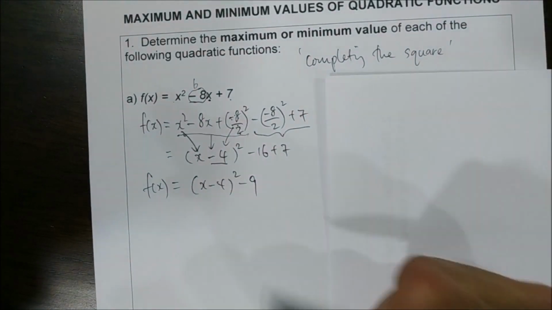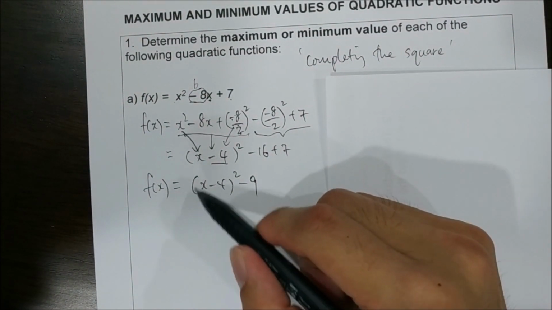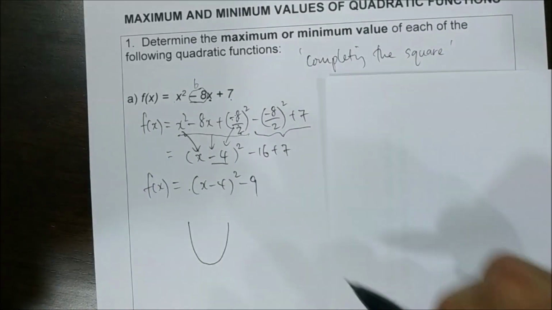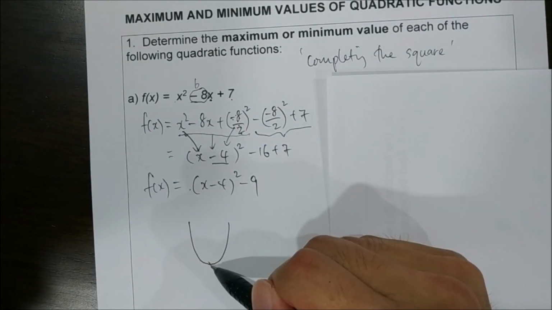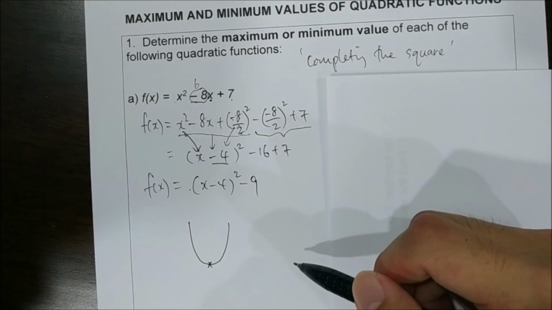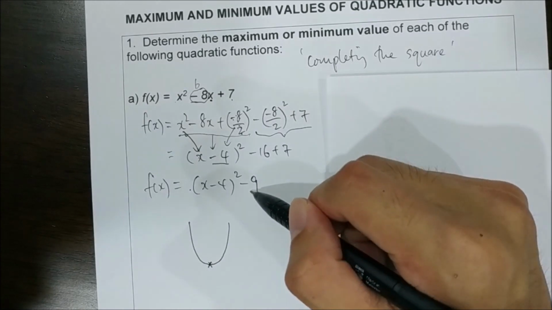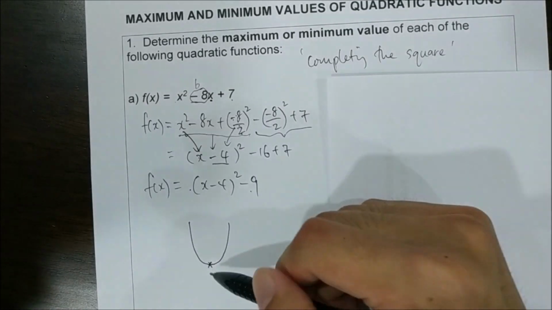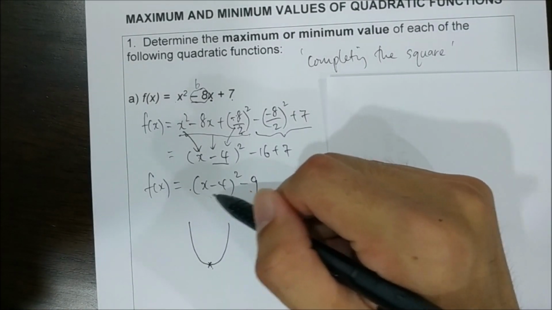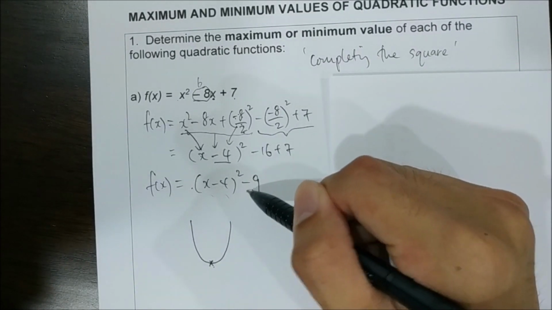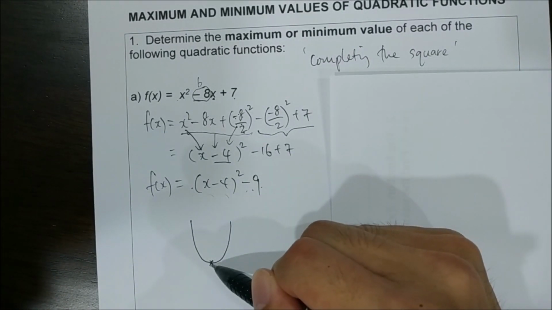Since the a here is a positive value, a is 1, our graph will be a smiley face graph, with a minimum value. For this case, since this is a constant, the minimum value is determined by this part. The smallest value of this gives -9, the minimum value.